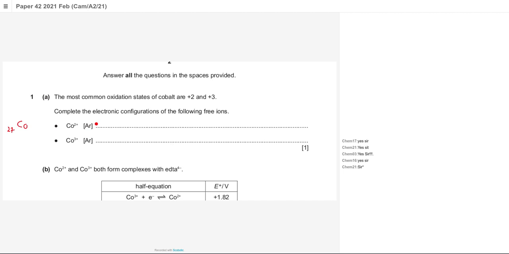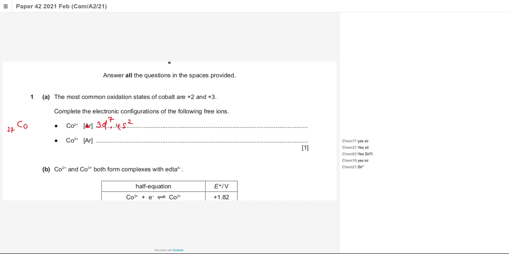So you have argon, then the 3S and 3P are all filled, so you have 4S2 filled along with 3D7. Now this is the configuration of cobalt, not cobalt 2+.